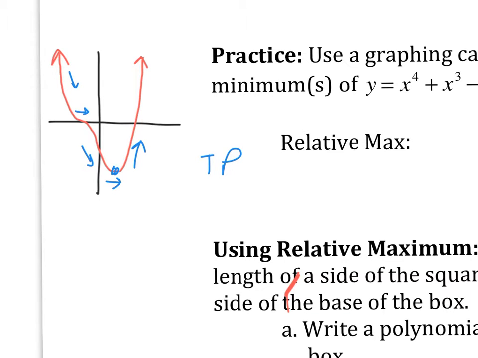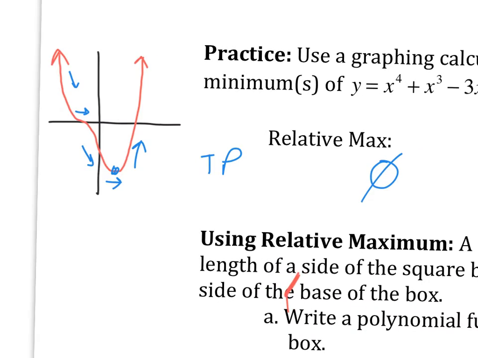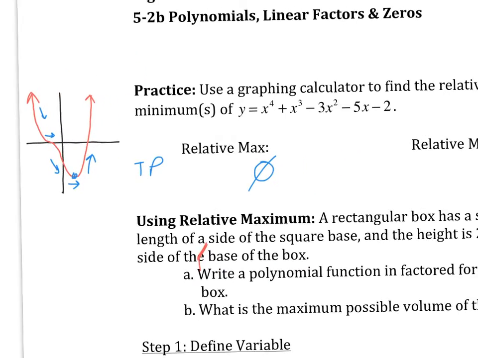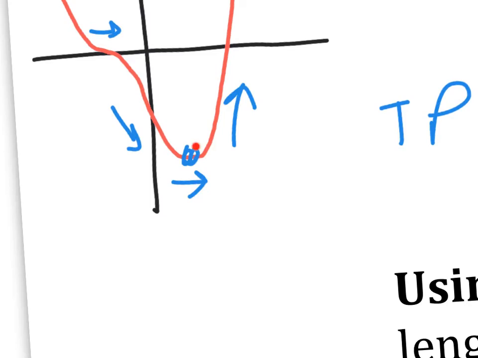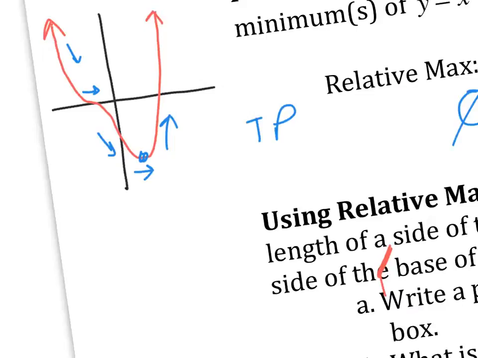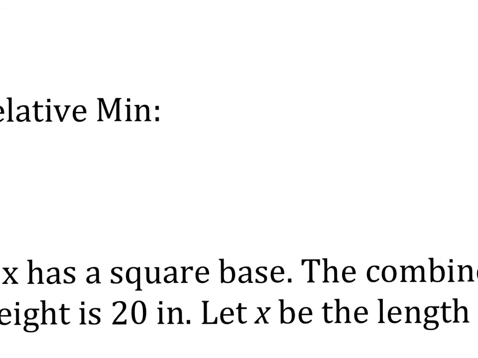It goes back down again. So when we're looking for a relative max, the answer is there isn't one, because this region right here isn't a maximum. It's just a flatten out point, like a plateau. All right, so the minimum that we have to consider is this value right here. And I believe once you find that, the minimum here is y is approximately negative 8.54 on your calculator.